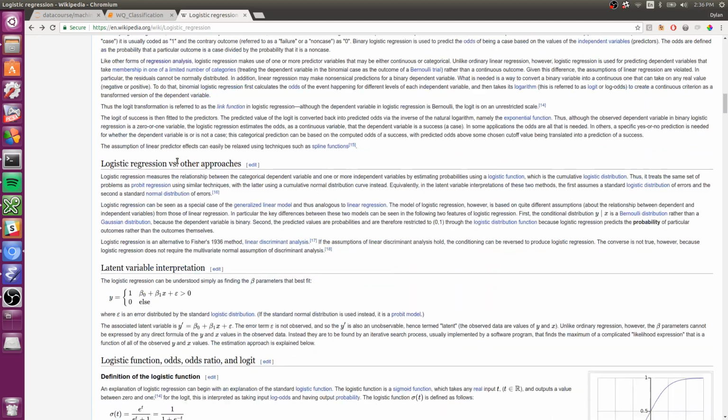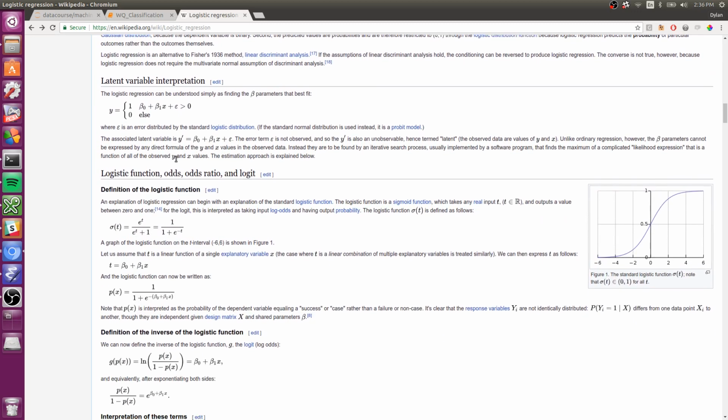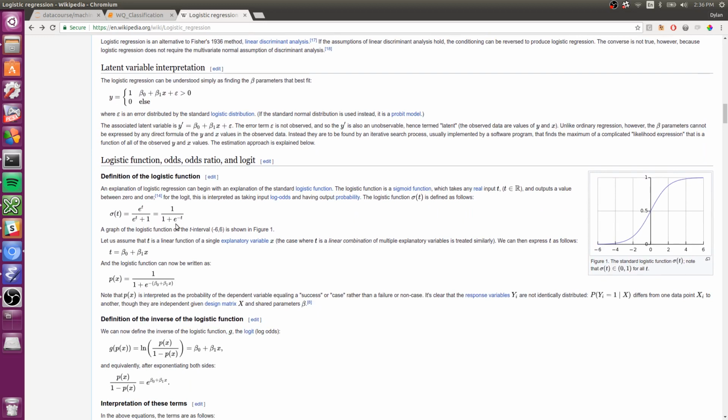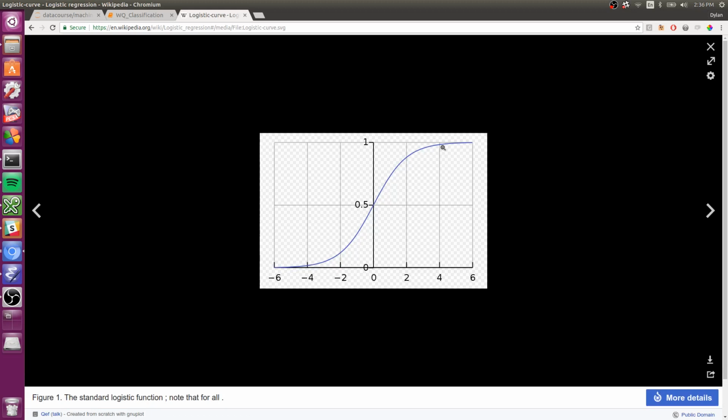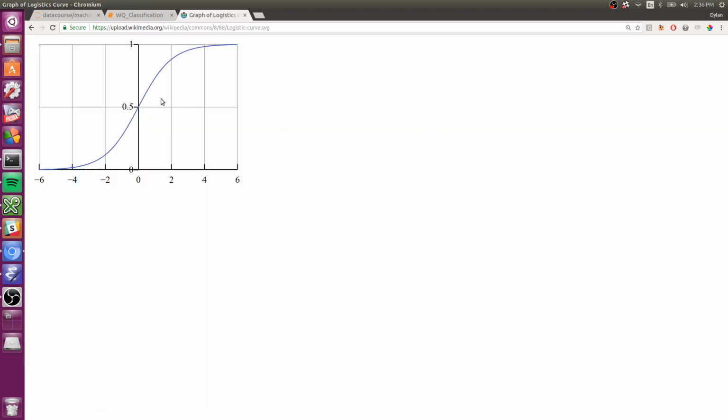And if you're curious, the equation for that sigmoid function is here: 1 over 1 plus e to the minus t. This is also called the logistic function, hence logistic regression. So here's the standard logistic function, centered at 0, and it shows a little more clearly that plateau as we head off to infinity in either direction.